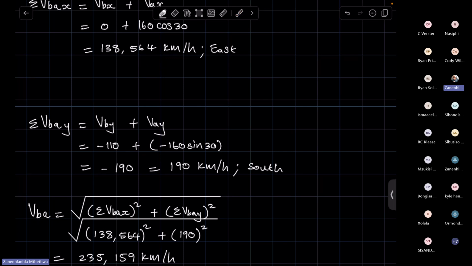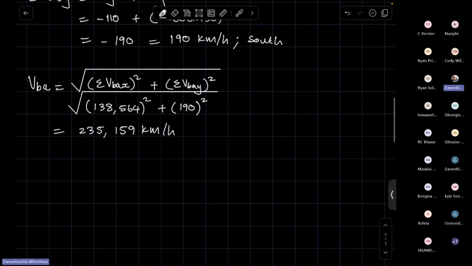So the best way to calculate your direction is by sticking to what you already know. Always reference your angles from the x-axis. Just stick to one thing. If you want to reference your angles from the y-axis, that is fine.